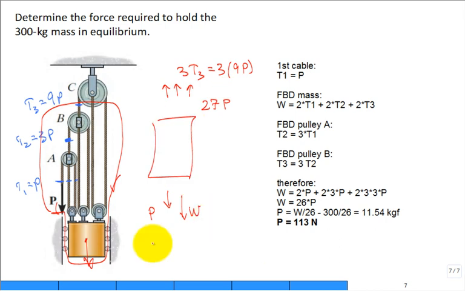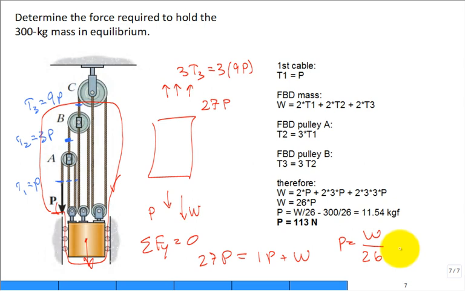So when I do the sum of the forces in the Y, that must equal 0. I have 27 P up, that's the tension in the first cable, equal to 1 P down plus the weight. So I move it over, and I get P is W divided by 26. That makes sense? Okay. So when you calculate the weight, it's 300 kilograms.